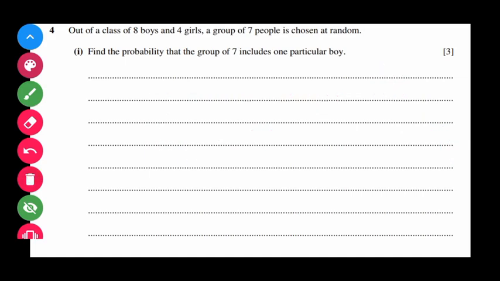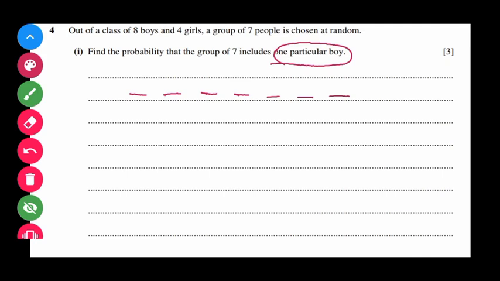I hope you got what to do here. Let's discuss once again. We need to choose 7 people. Out of these 7 people, we need to choose one particular boy to be chosen always.